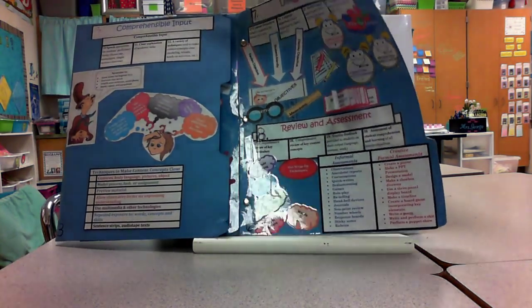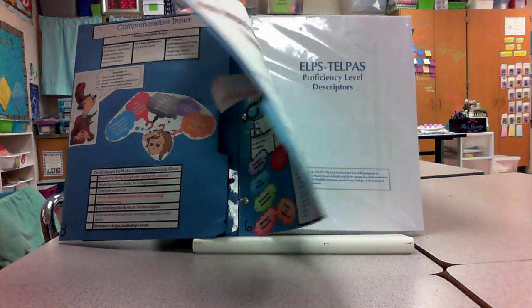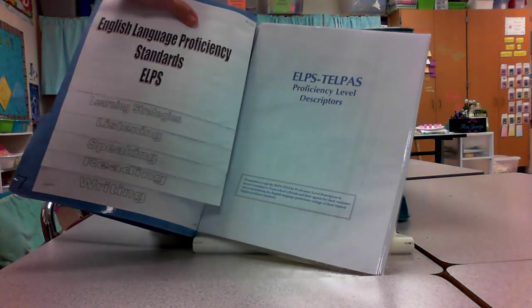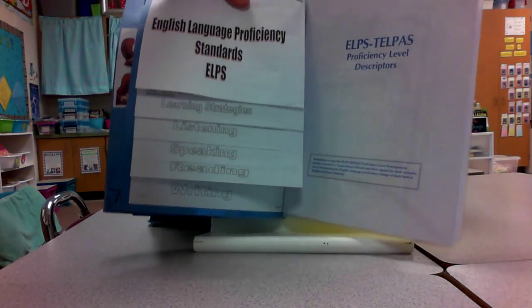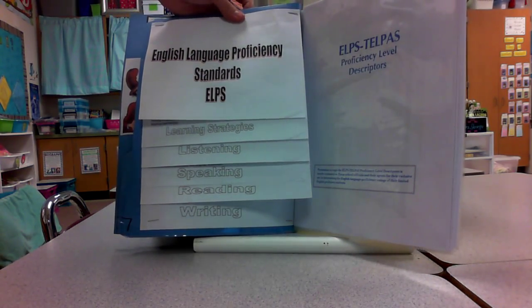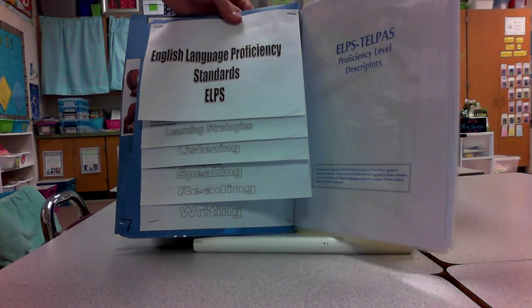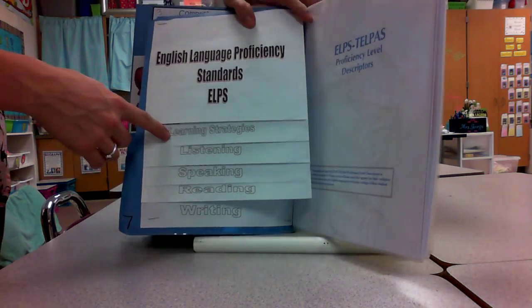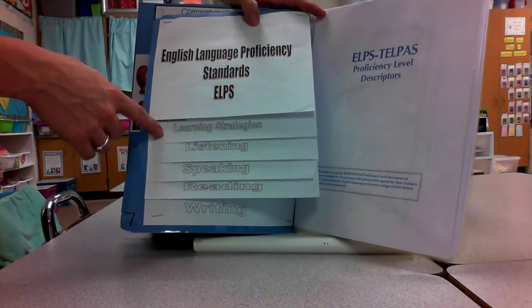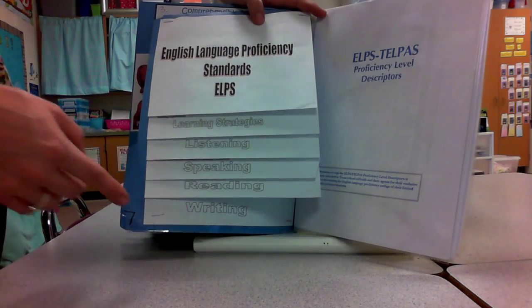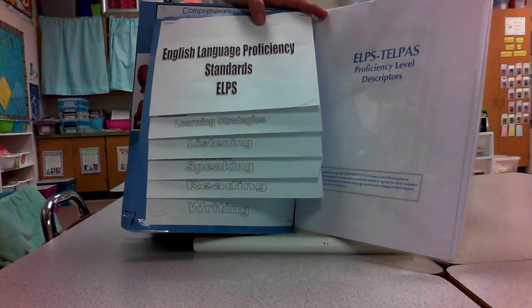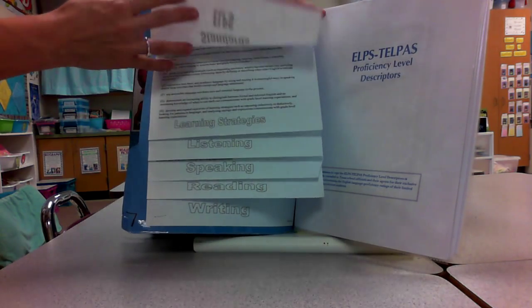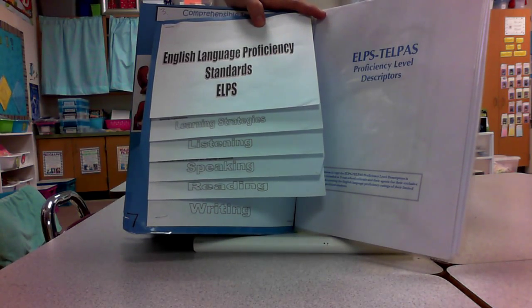Okay, so this last part here, and this part's going to be kind of hard to show you. So here are the ELP strands. There's the learning strategies strand, listening, speaking, reading, and writing. This is really useful to have, and I've actually used them a lot already.